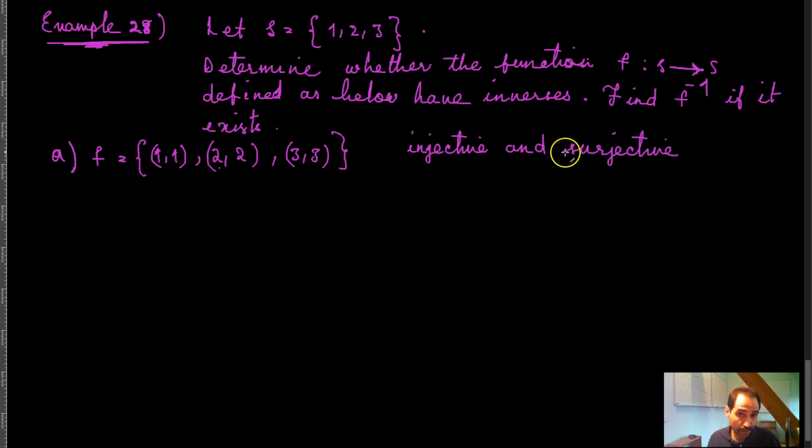So since it is one-to-one and onto, then of course the inverse of this function exists, and you can say that f inverse would be equal to all of these ordered pairs just swapped around, meaning that instead of (1, 1) you would get again the same thing, (1, 1). That would be the inverse function, although it looks like it's the same thing: (1, 1), (2, 2) and (3, 3).